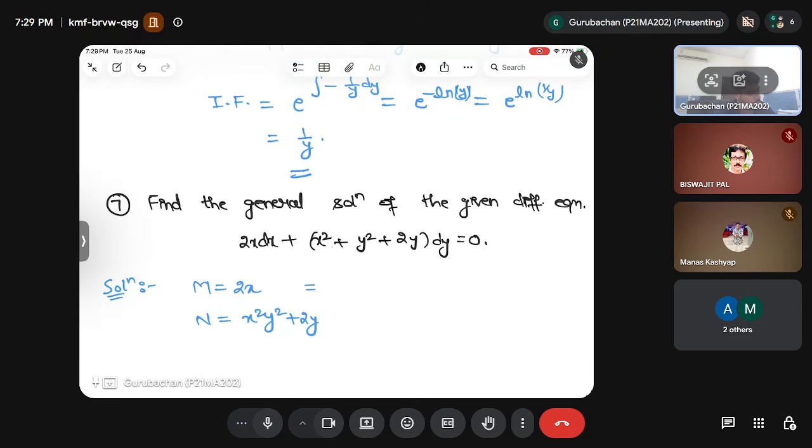Does the equation is exact? So from here, del M by del y will be 0, and del N by del x will be 2x.